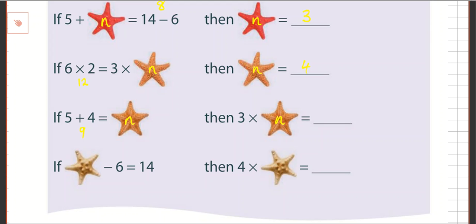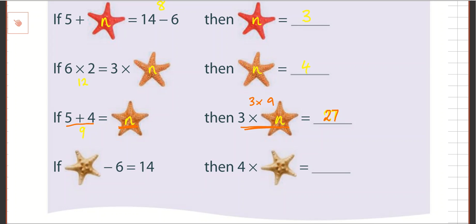He'll do it. Go on then, Keen. 27. 27? Yeah? No, n is not 27. 5 plus 4 is the same thing as n, and I actually want 3 lots of whatever n is. So that has to equal, because it's 3 lots of, you've already decided it's 9. Yeah?